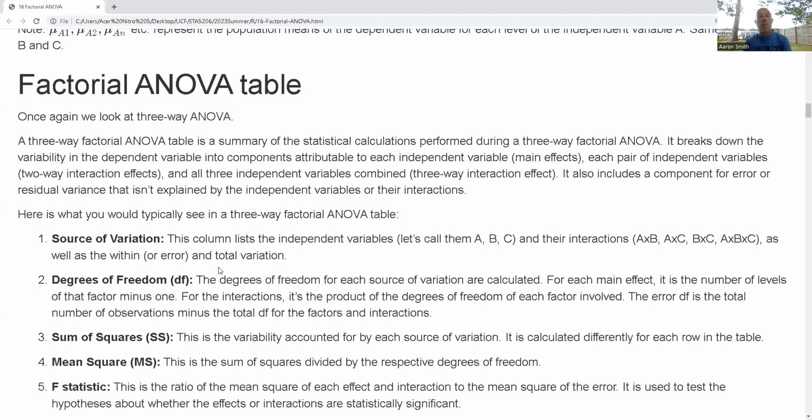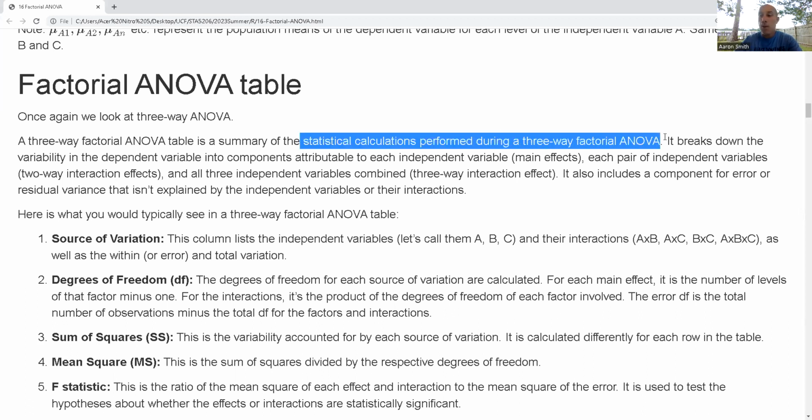All right, so now let's talk about the ANOVA table for factorial ANOVA. Once again, I'm going to only look at three-way ANOVA just to make it a little bit easier for us to navigate and figure out. A three-way factorial ANOVA table is a summary of the statistical calculations performed during a three-way factorial ANOVA.